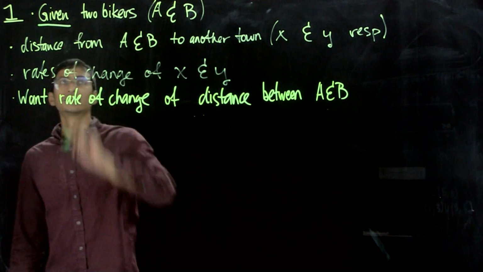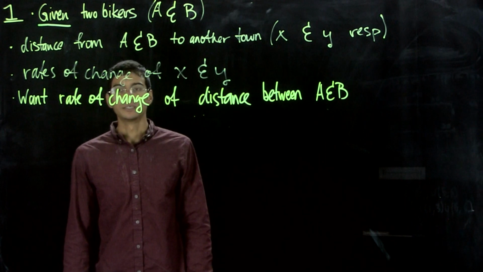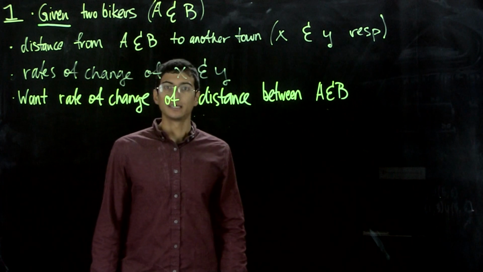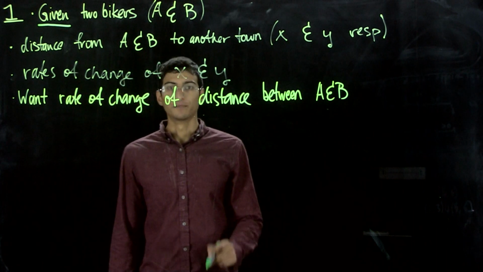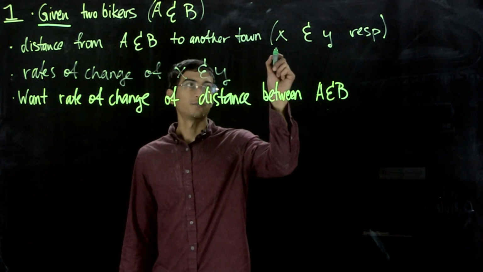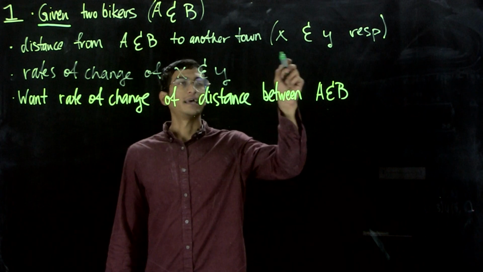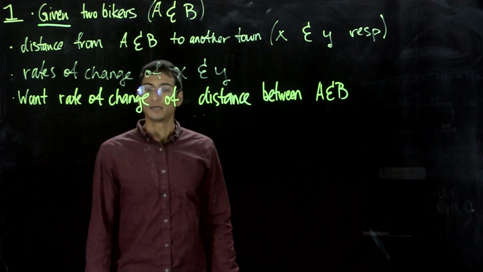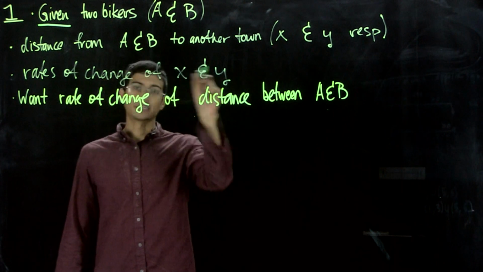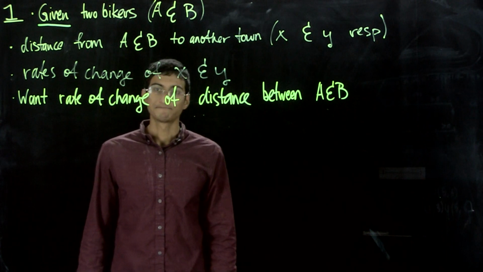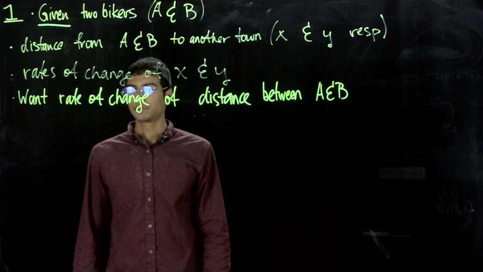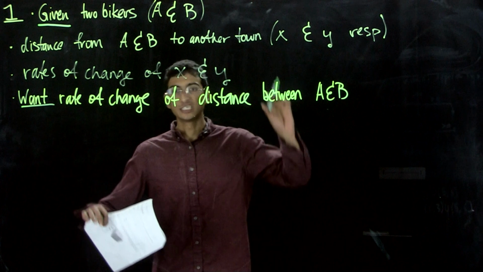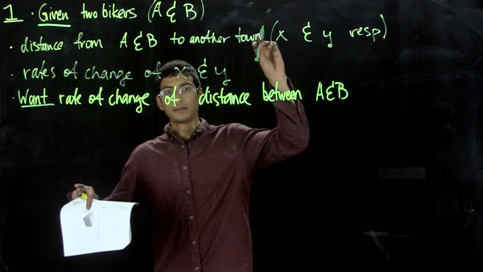We are given two bikers, which I'll call A and B. We're given a distance from biker A to a town, which I'll call X, and another distance from biker B to the same town, Y. We're given rates of change of X and Y with respect to time, and we want the rate of change of the distance between A and B.